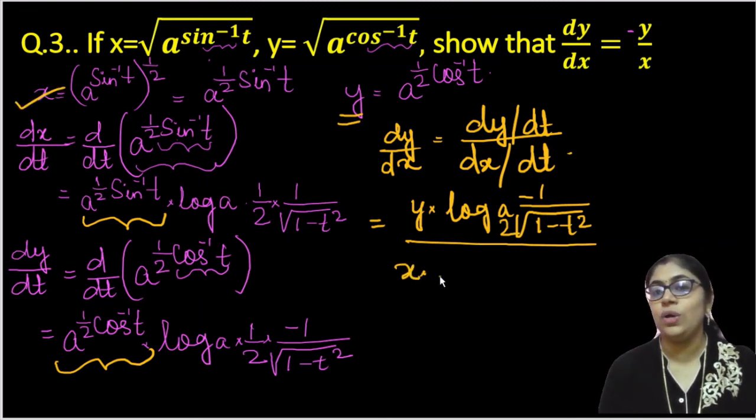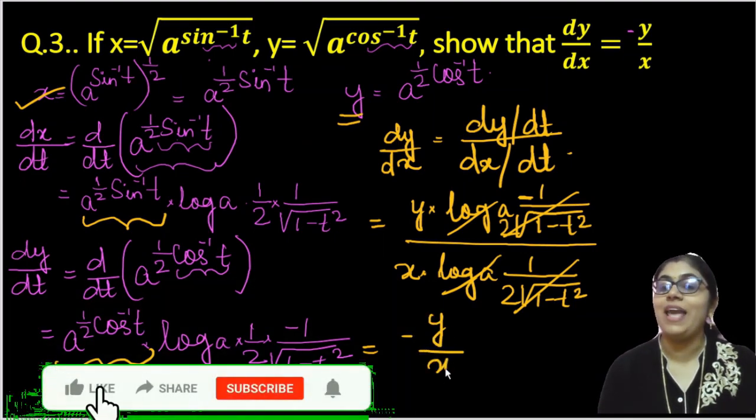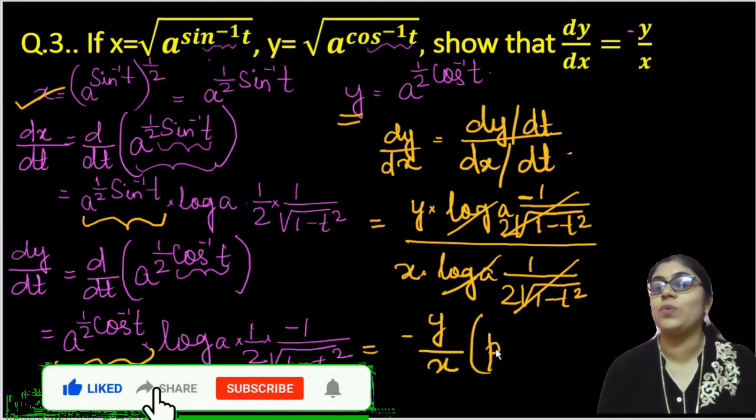X into log a, 1 by 2 square root of 1 minus t square. Log a cancel. 1 by square root of 1 minus t square cancel. 2 cancel. So only minus is there. Y and x is there. So this is equal to minus y by x. So our question is proved here.